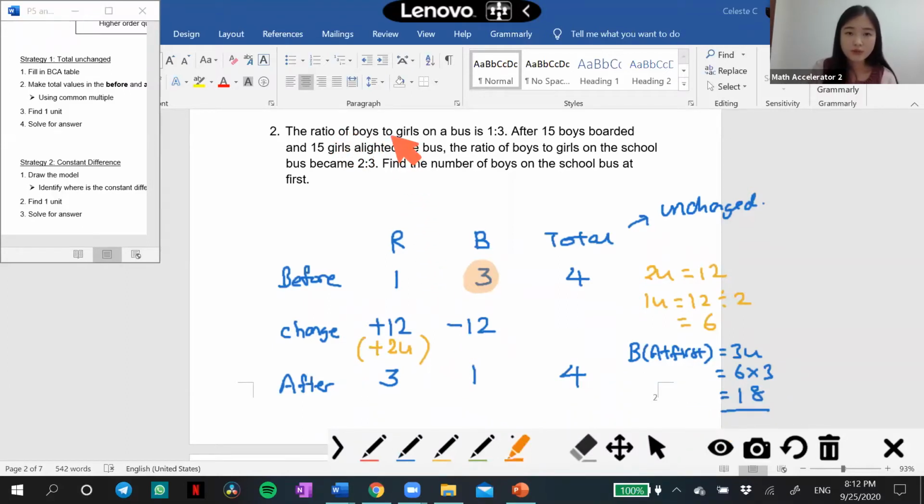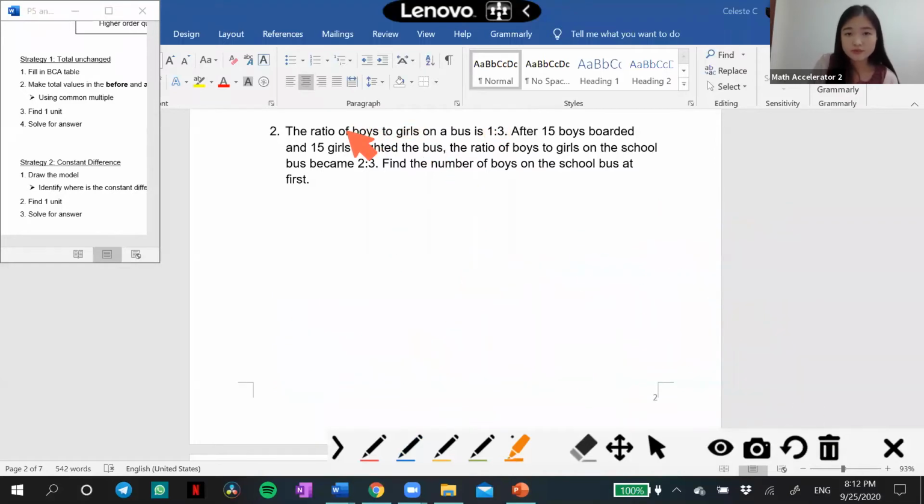The ratio of the boys to girls on a bus is 1:3. Okay, so this 1:3. After 15 boys boarded and 15 girls alighted. Boarded means plus or minus? Plus.